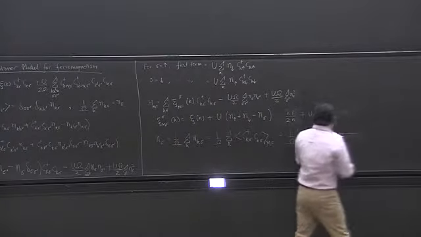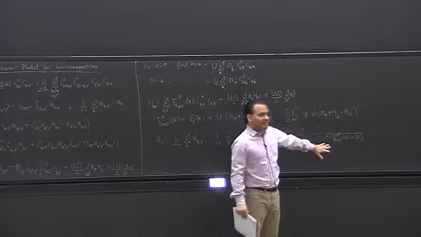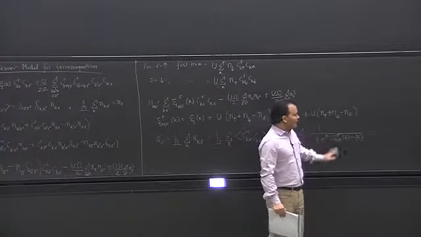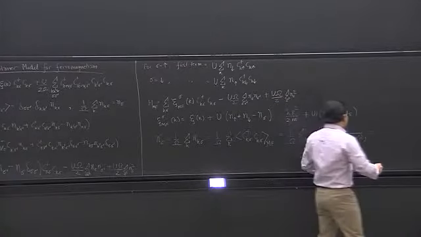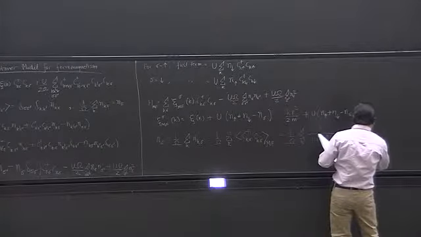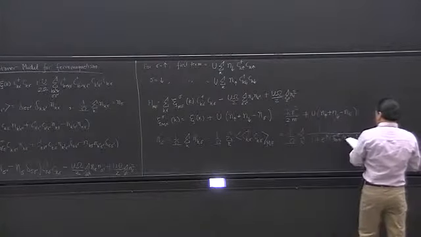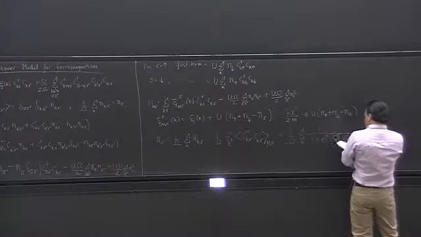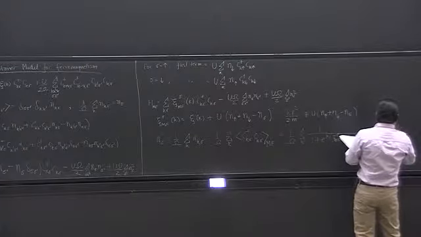Now, this is a formula written for general temperature, but again, we'll simplify the calculation and set the temperature to 0. At 0 temperature, this can be simply replaced by the theta function.